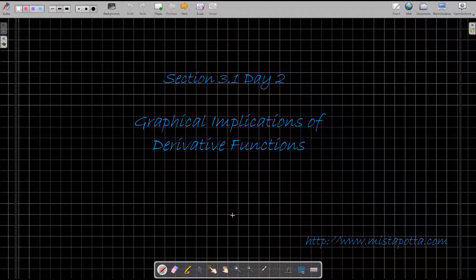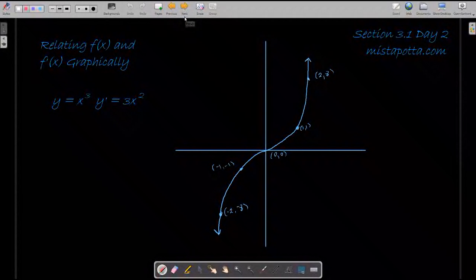Yesterday we talked about what a derivative function was. And today we're going to talk more about the graphical implications of a derivative function. So I'm going to start with the example that we did yesterday.